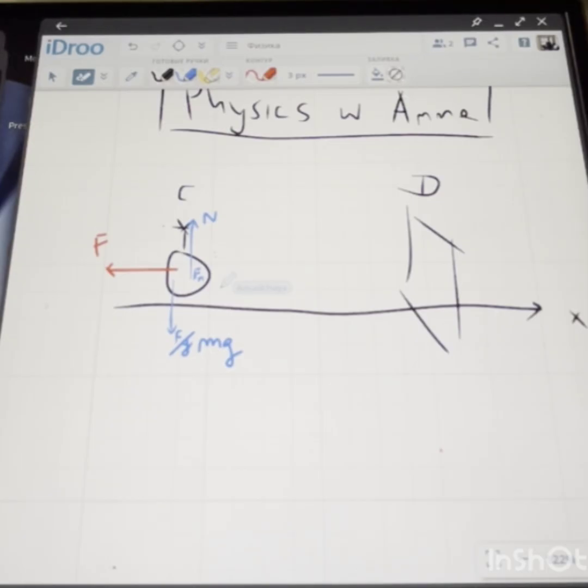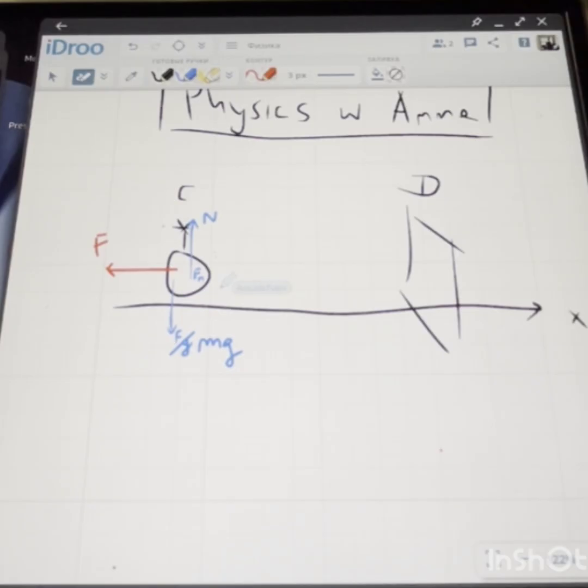No. If you push it gently, like a princess would, it doesn't move. But hey, what does Newton's second law say? That if you apply a force to an object, the object pushes back on you. No, that's the third one.